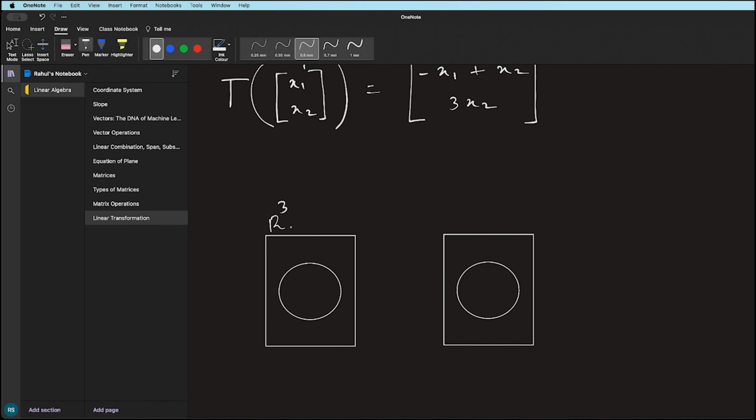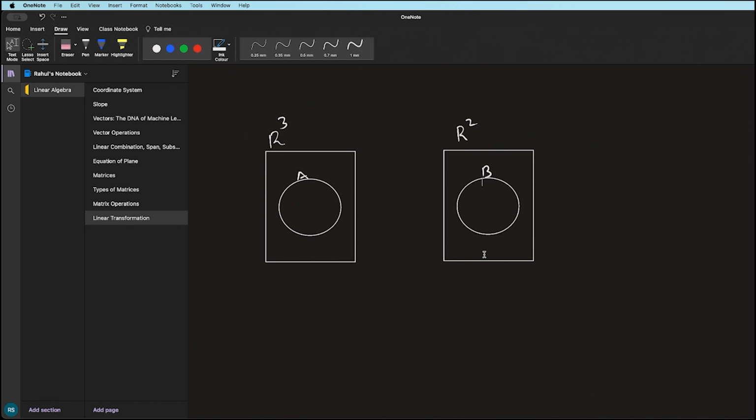So it contains all the possible vectors in the R3 space. And consider this other square box as the R2 space. So this means all the possible vectors in the R2 space. And this circle is nothing but a subset of the R3 space, that is a set of vectors that is a subset of the vectors in the R3 space. And similarly, this is the subset B.